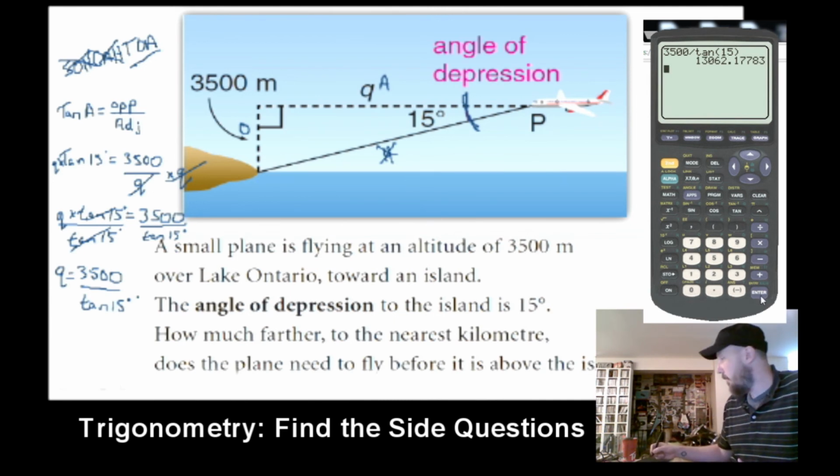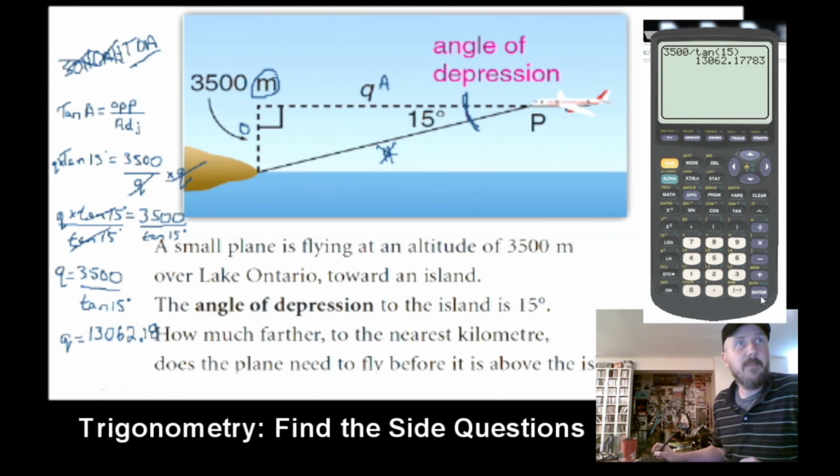So Q equals, hopefully I can fit it in here, 1, 3, 0, 6, 2.18. Now, we're dealing with meters, so our answer is going to be in meters. So it is 13,062.18 meters from being directly over the island.